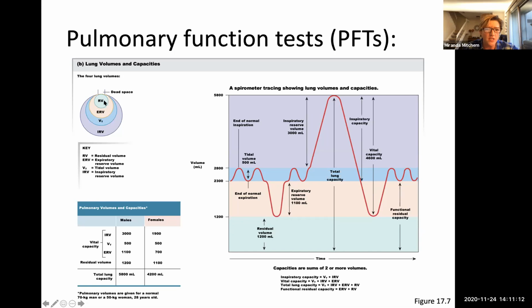So we have our residual volume, we have our expiratory reserve, we have our tidal volume, and then our inspiratory reserve. So it shows you the relative volume occupied by each of these spaces. So our inspiratory reserve is way bigger than the residual volume. The tidal volume is bigger than the expiratory reserve volume, is a way to look at it.